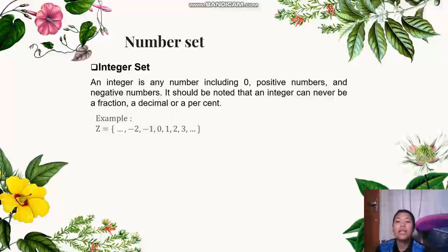For example, Z equals {..., -2, -1, 0, 1, 2, 3, 4, 5, ...}. These are negative numbers, this is 0, and these are positive numbers.